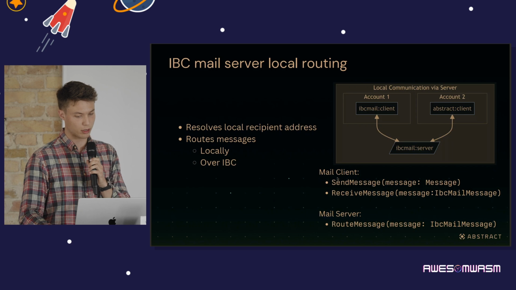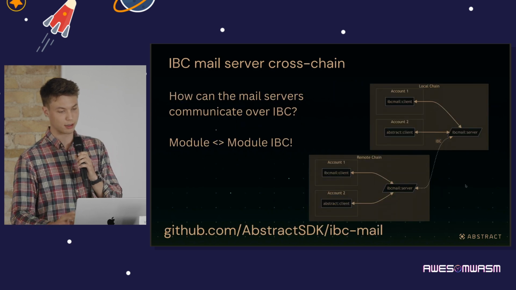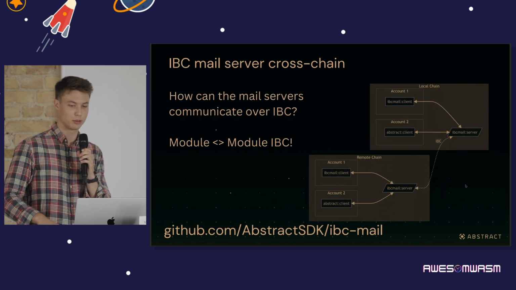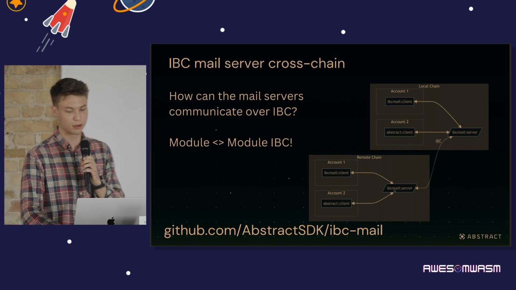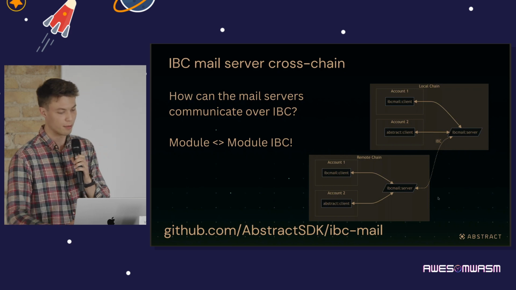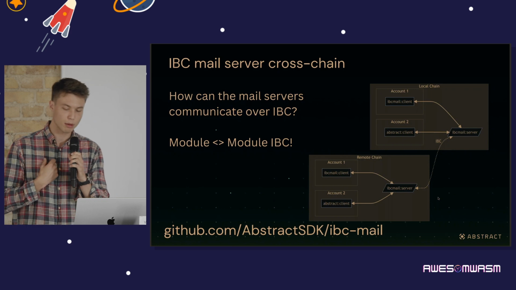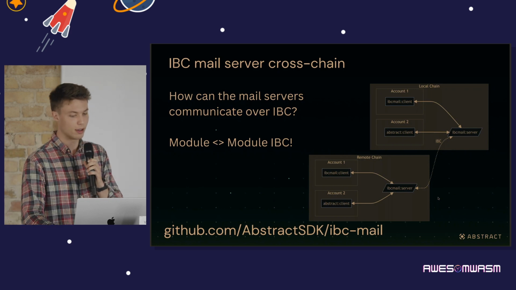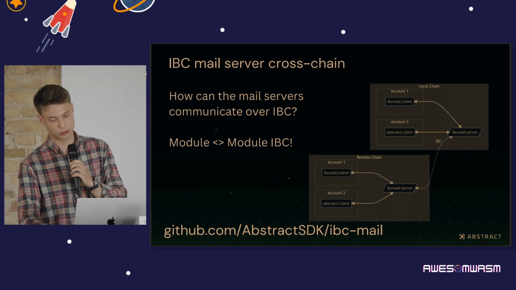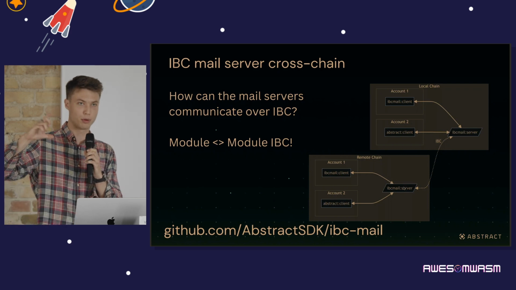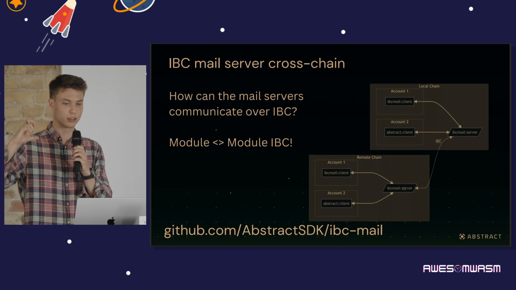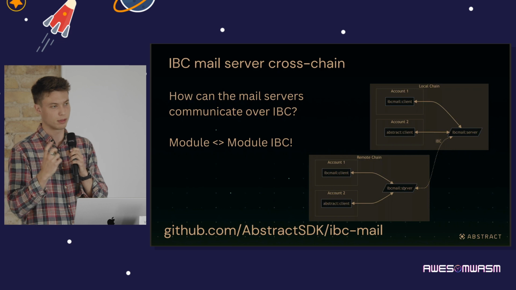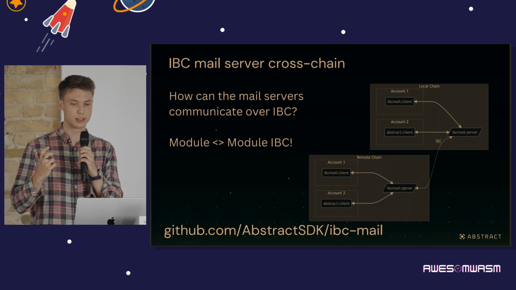And how would that work over cross-chain? So in this case, we use the servers to communicate over IBC with each other. And when we provide our message to the client, this message gets sent to the server, and we provided a route with the message. So the server knows, hey, the user that is trying to reach isn't actually on this chain.